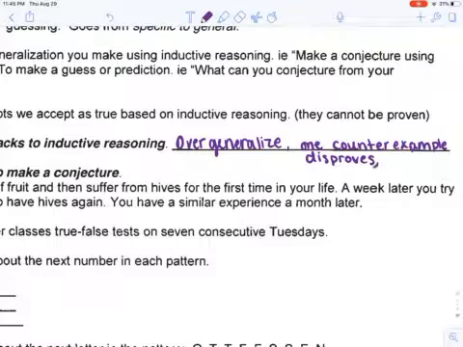Also, the generalizations that you make might be based on a limited number of observations and might not represent an entire population or entire set of events.